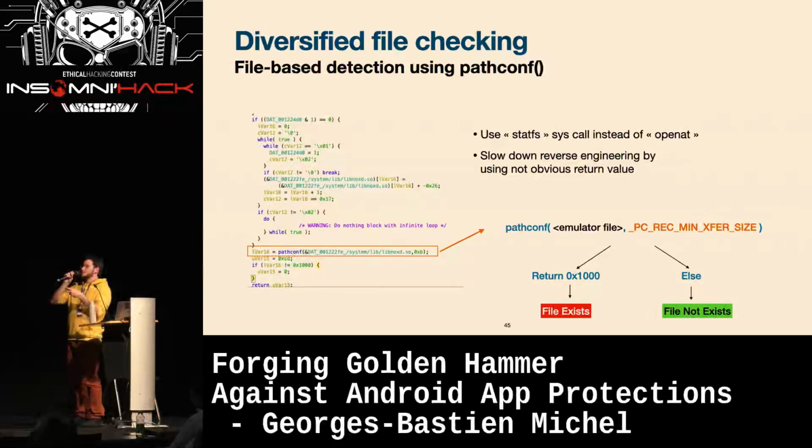It is less obvious to read when a file exists or not, because by doing a pathconf, the file exists only if the return value is 0x1000. So it is just a small trick.